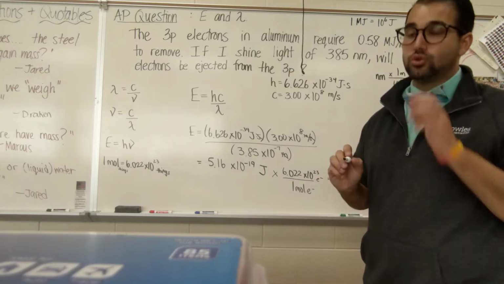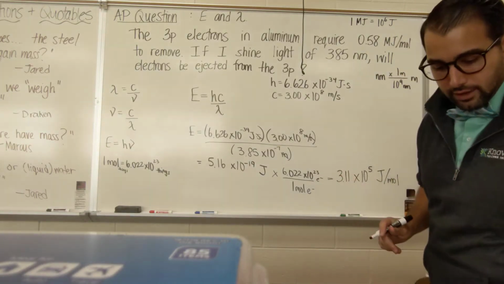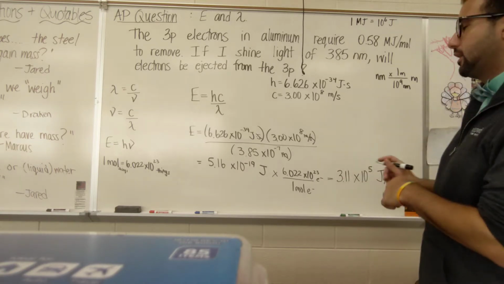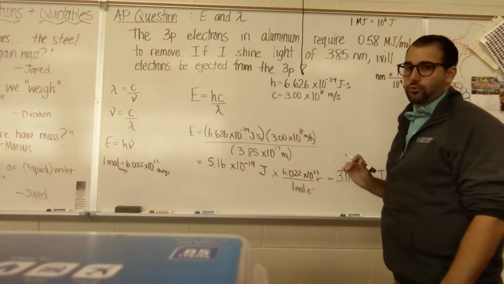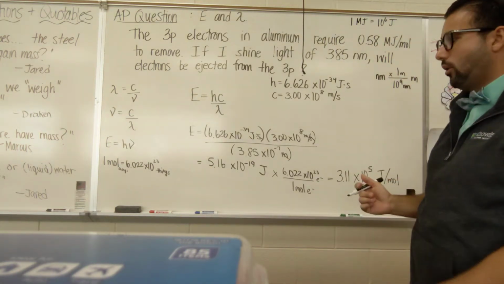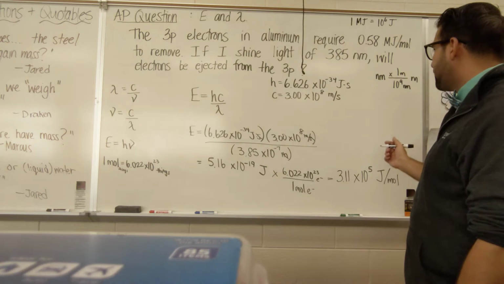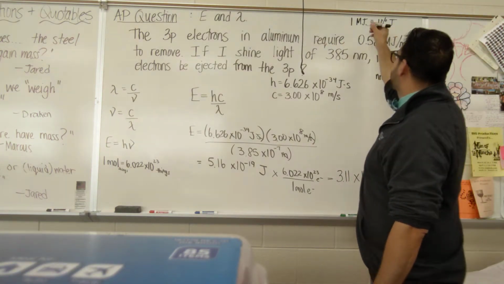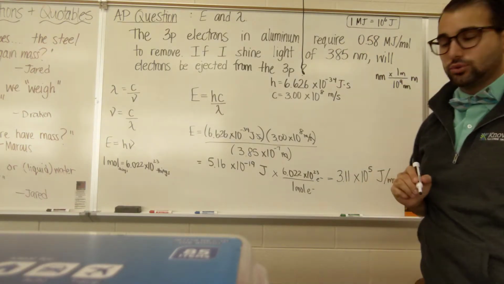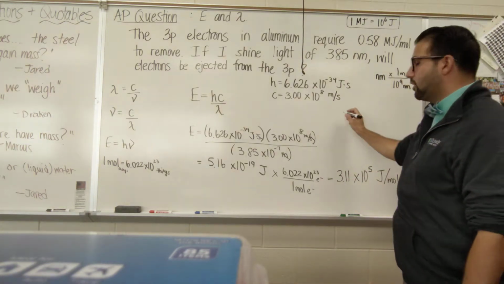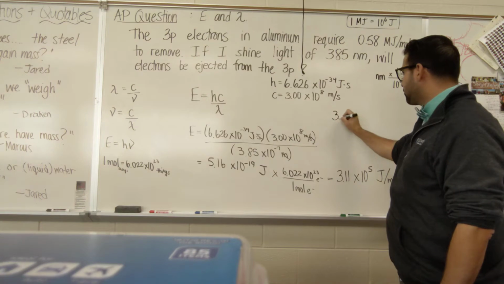That's the value I get in joules per mole, okay? So now I'm close to this megajoules per mole. I have to convert joules per mole to megajoules per mole. If I want to do that, I could use this conversion up here. 1 megajoule is 10 to the 6th joules. So I could plug this in over here.